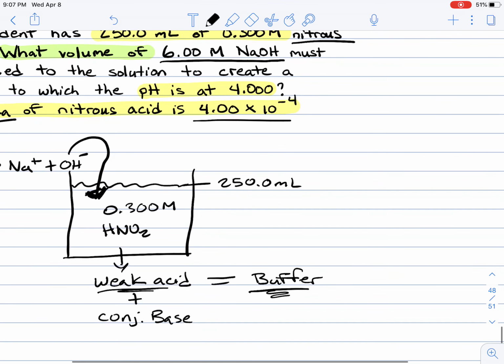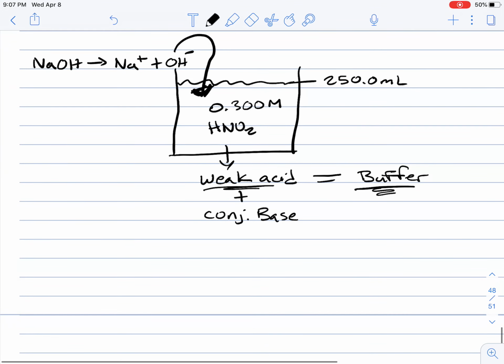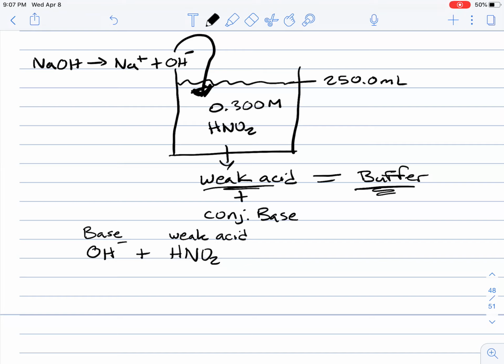So overall, when you're thinking about this reaction, we have our base, which is going to be our hydroxide. On the reactant side, we have a weak acid, which is HNO2. Looking at it in the forward direction, this base will react with the ionizable hydrogen to produce water, which we designate in the liquid state, plus NO2 minus.